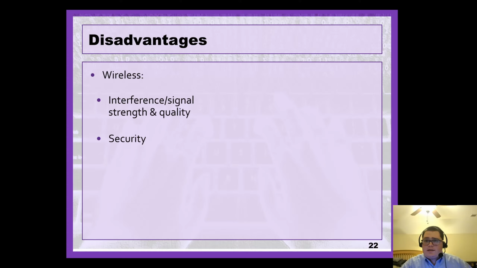Again, wireless is less secure. Anybody can hop onto your wireless network without having to run a cable to a device. Speed, wireless can sometimes be slower than wired in given scenarios. And dependability / reliability, again, depending on the given scenario, what it has to pass through, it can be less reliable and dependable.